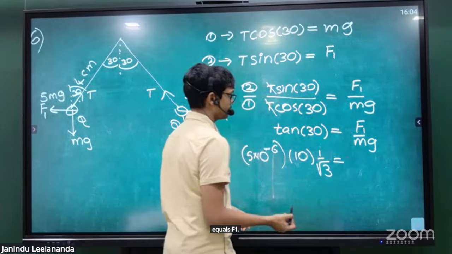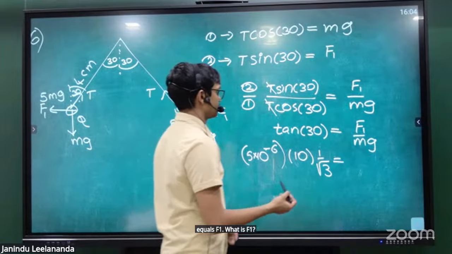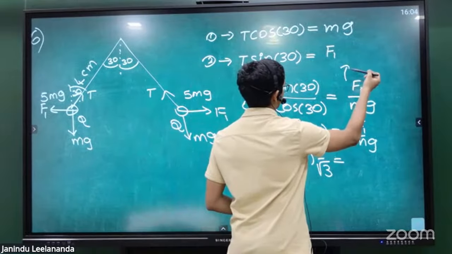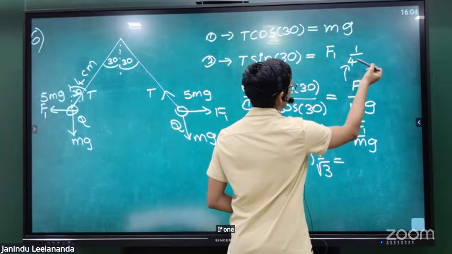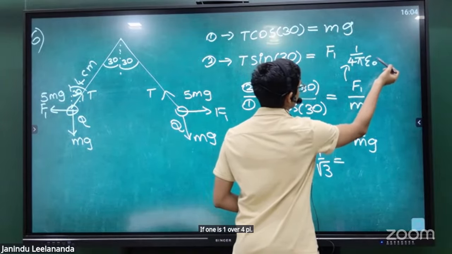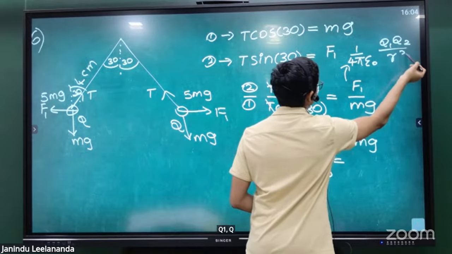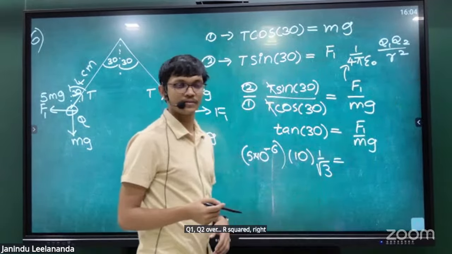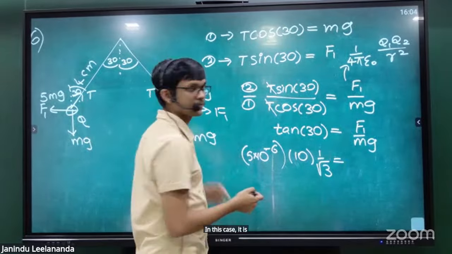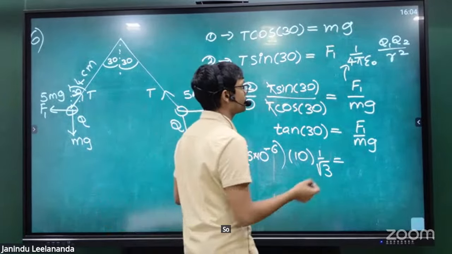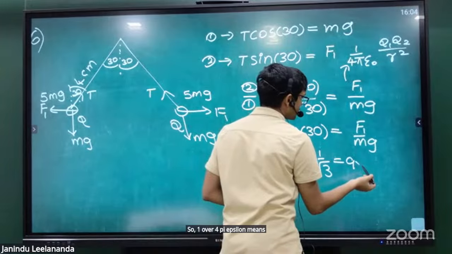What is F1? F1 is 1 over 4 pi epsilon naught Q1 Q2 over R squared, right? In this case, it is Q into Q. Clear? So 1 over 4 pi epsilon naught means 9 into 10 to the power 9.